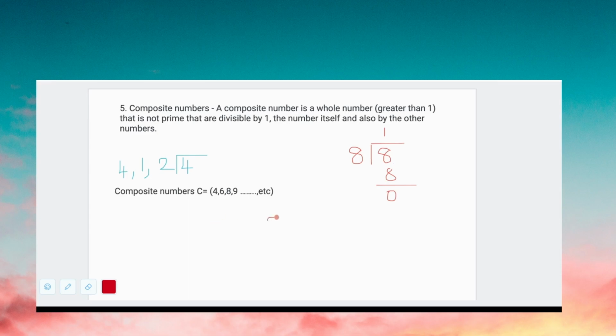The same number 8 can be divisible by 2 because 2 times 4 is 8, and by 4 because 4 times 2 is 8.